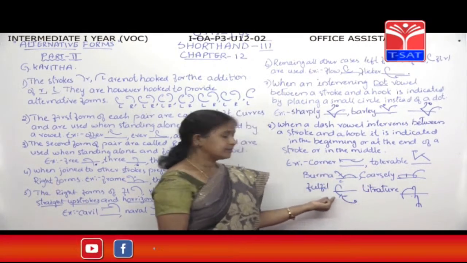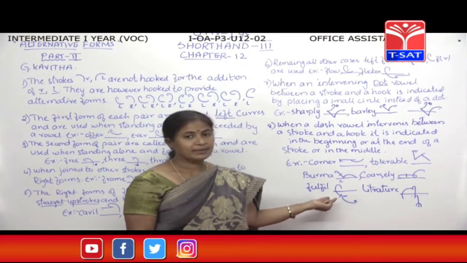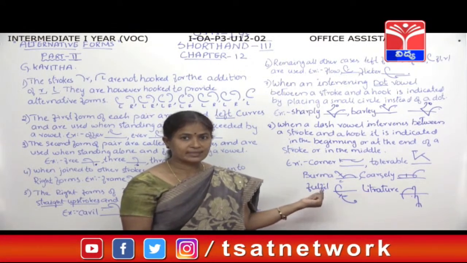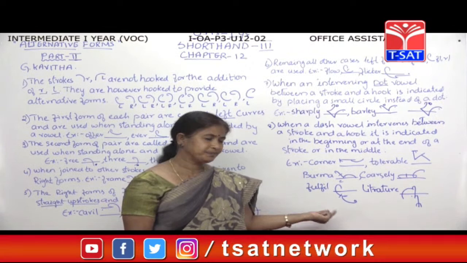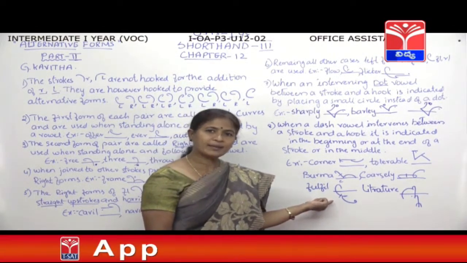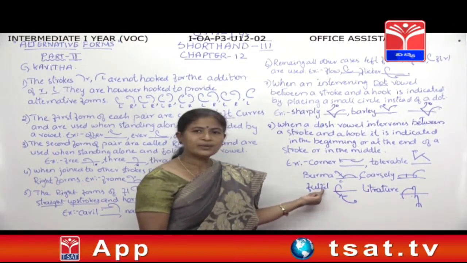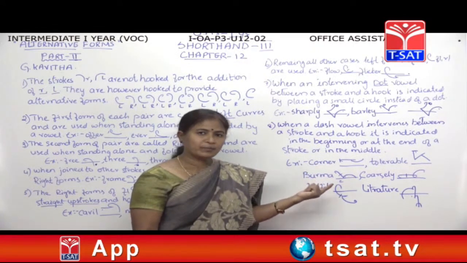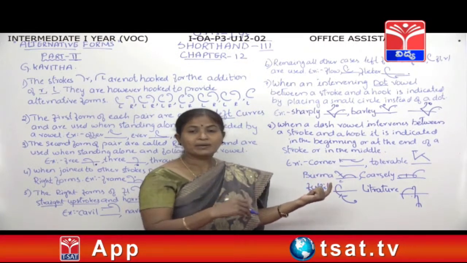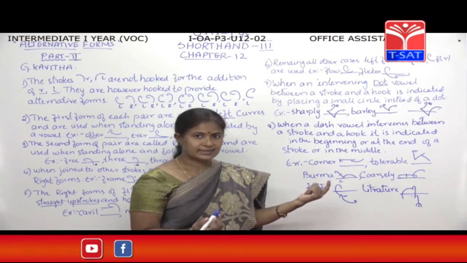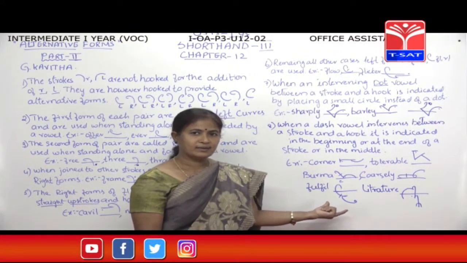Okay? And third place vowel వచ్చినప్పుడు, how do you place third place vowel? Dash vowel, it comes in between a stroke and a hook. We just intersect in the third place. See, fulfill. Full. Full means we write full. Okay, but where do you place the O sign, O dash vowel?